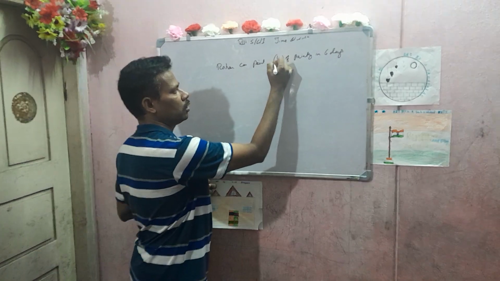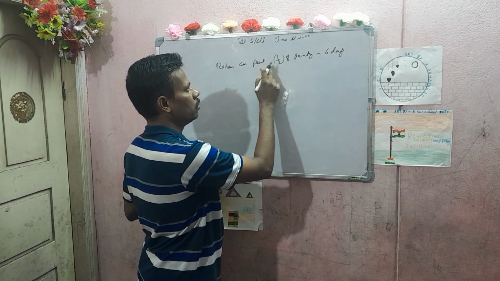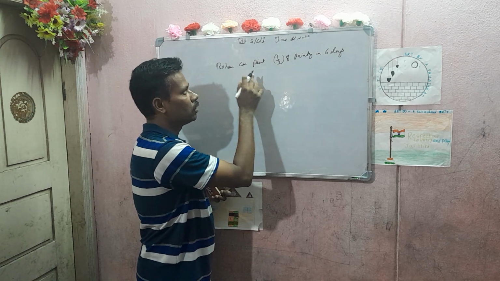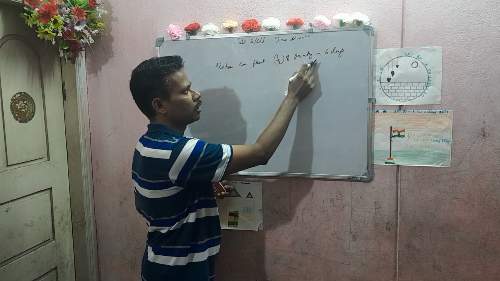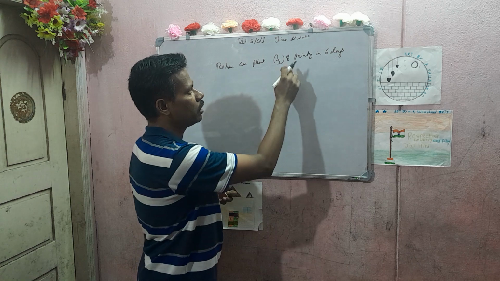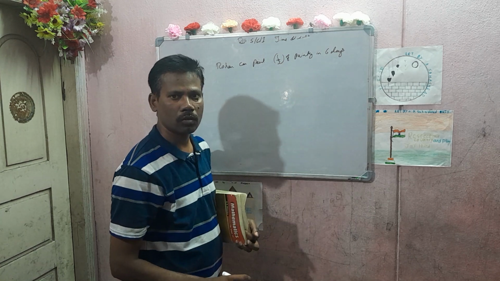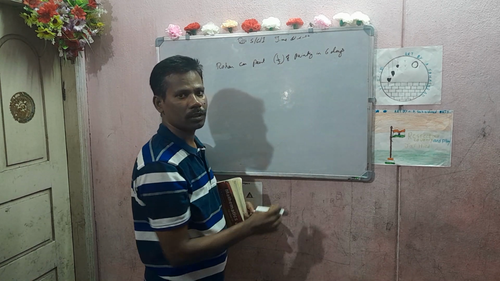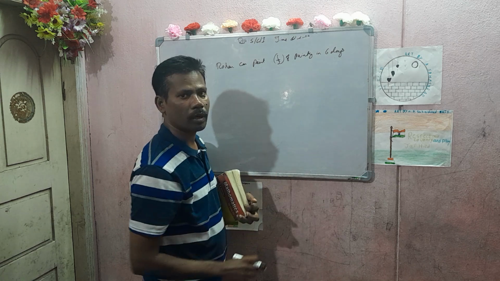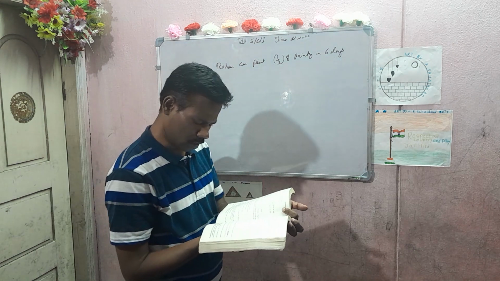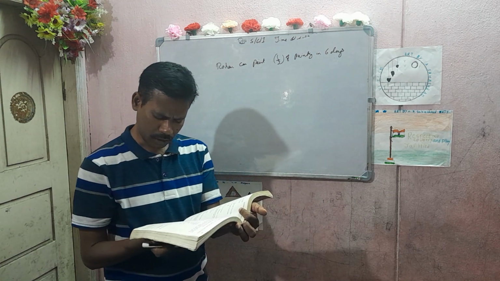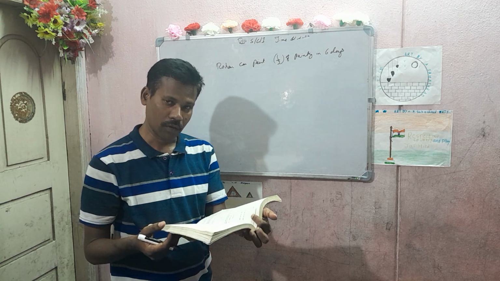Again, a part is given. See here, this is not the complete work, this is just a part of the work. They did not say he can complete the work in 6 days. They have given 1/3 of the work in 6 days. How many days will it take to complete the work?